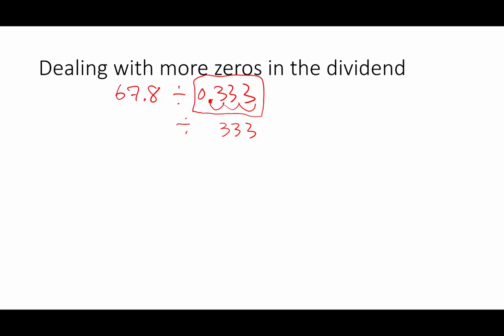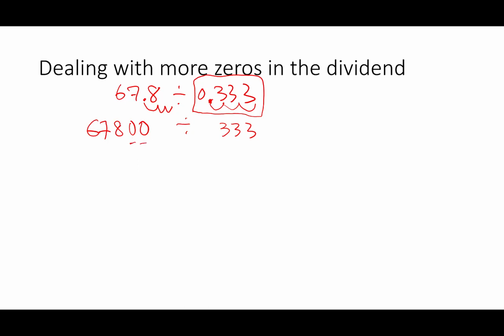And then for 67.8, we need to move the decimal point by the same number, okay. So that will give us 67800, right? So in this case, we need to add 2 trailing zeros, right?